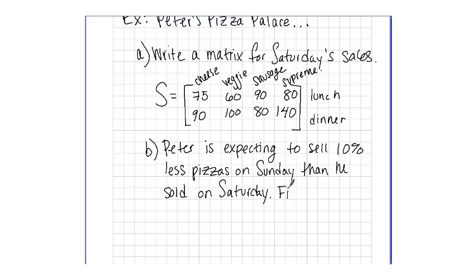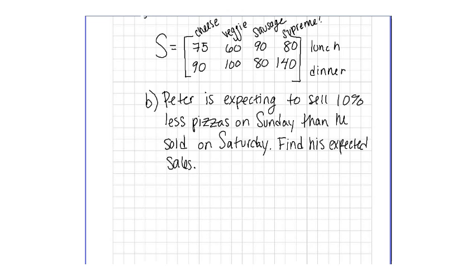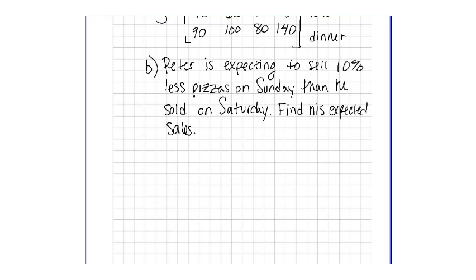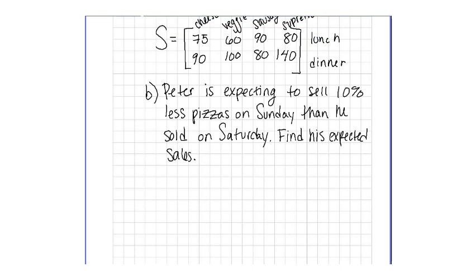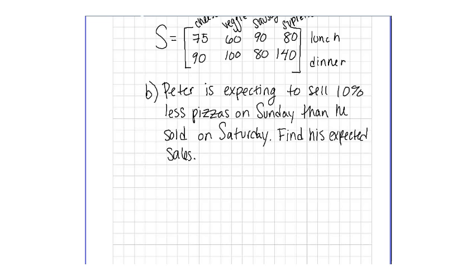So maybe we want to find his expected sales. So again, we can use our matrices and our operations that we've talked about. We so far have addition, subtraction, and scalar multiplication to figure out what Peter's expected sales for Sunday are. So we know from Saturday's sales we have that matrix, and he's expecting to sell 10% less pizzas, which means he's going to sell 90% of the pizzas that he sold on Saturday.